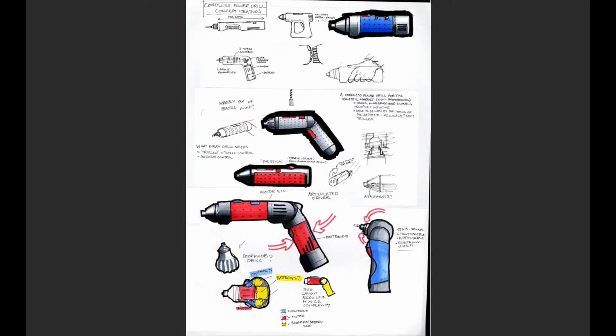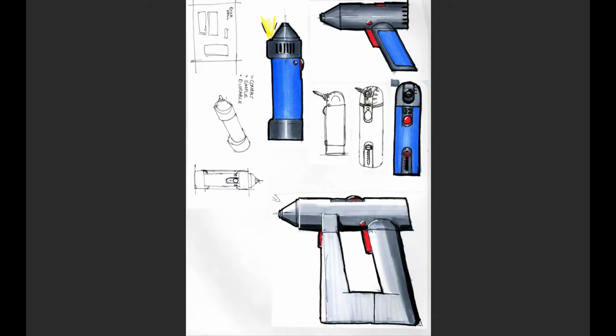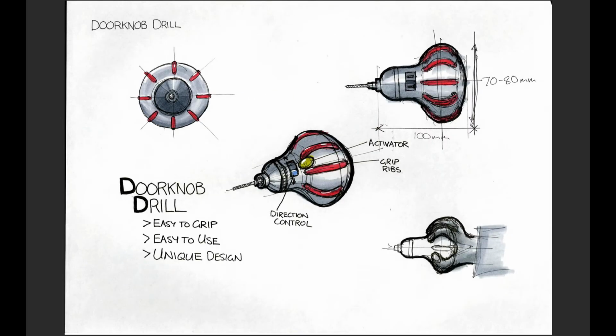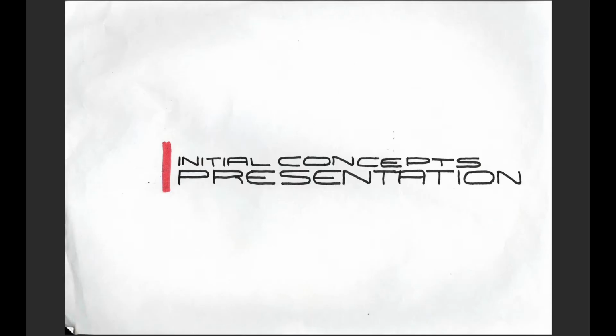And now we've reached actual concept development pages. So here we can see the student exploring various ideas and for a cordless electric drill, different views, the arrangement of the internal components, which can be really important in some products. And now we've reached already the initial concept presentation stage.